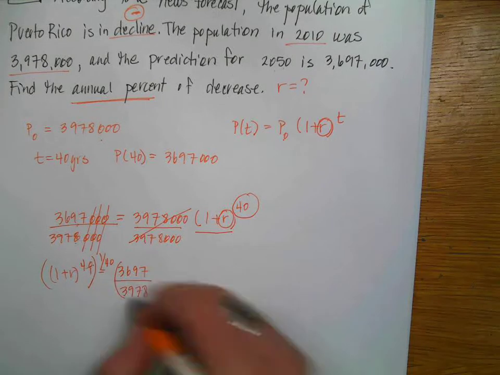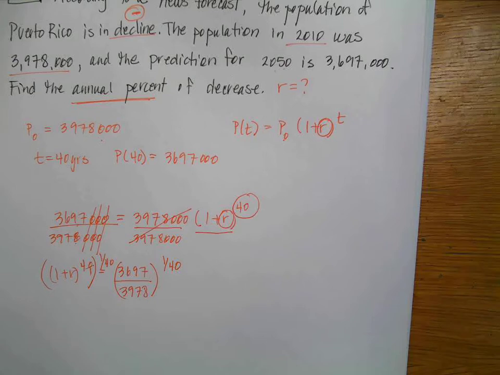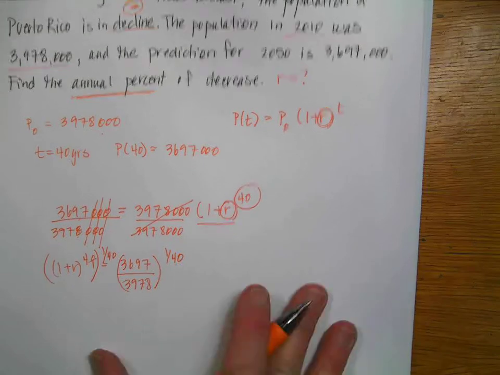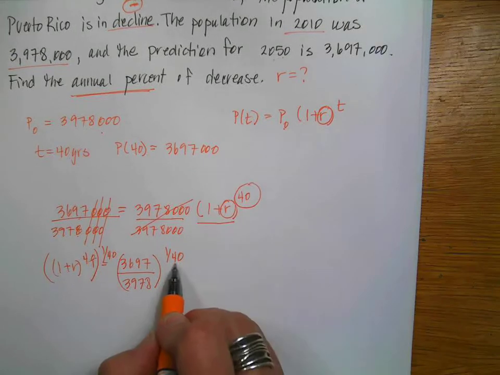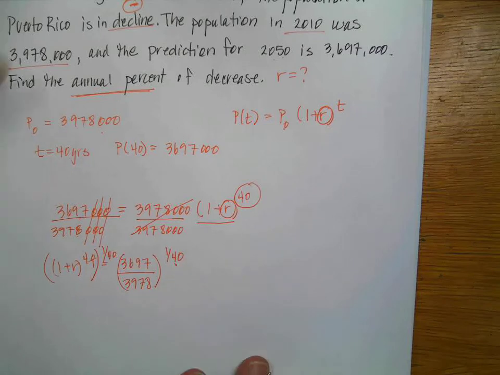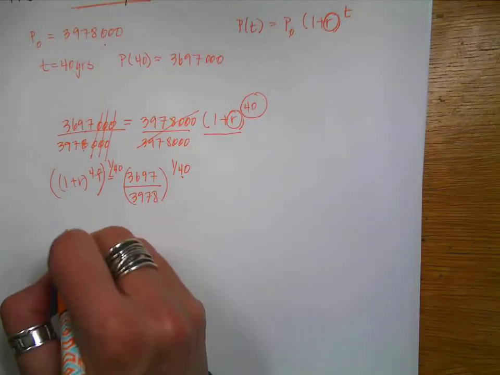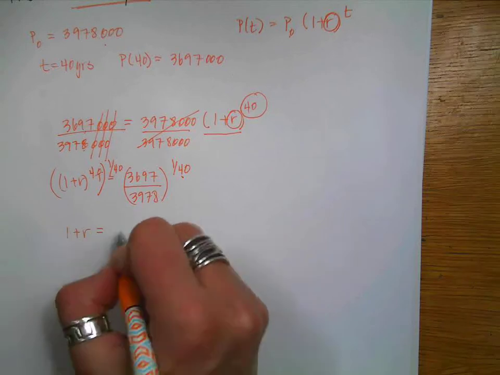So 1 over 40 is the opposite of 40 over 1. So I'm going to raise this to the 1 over 40. And I'm not going to push buttons on my calculator because these values are so big, it will create a lot of error. So I'm not going to use my calculator until the very end of the problem.